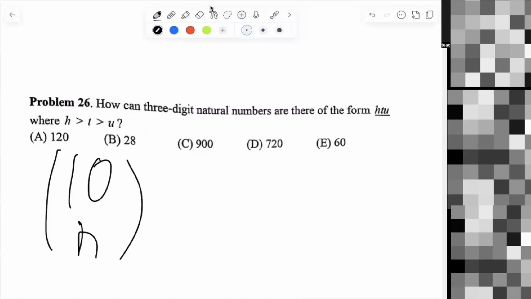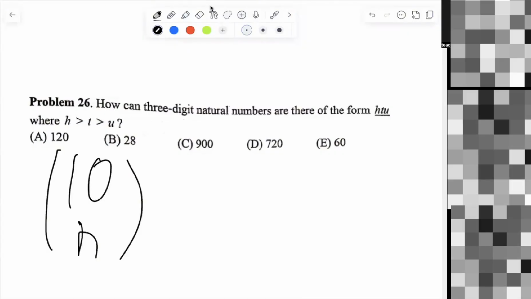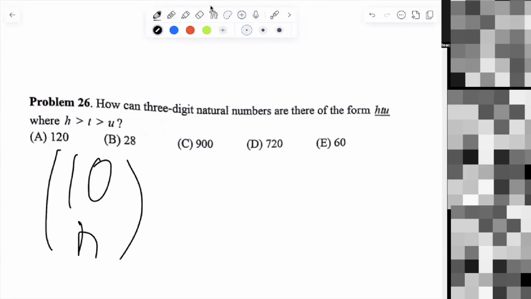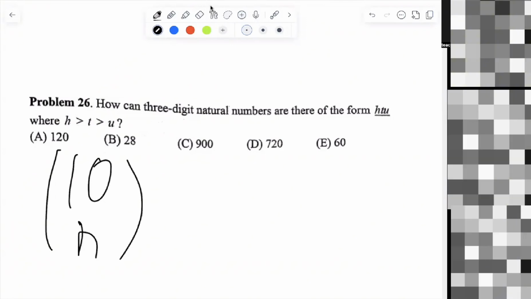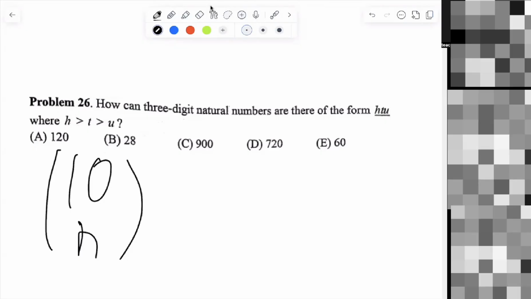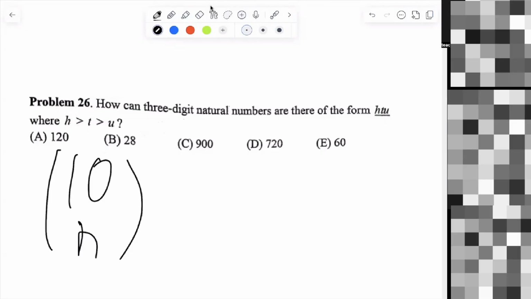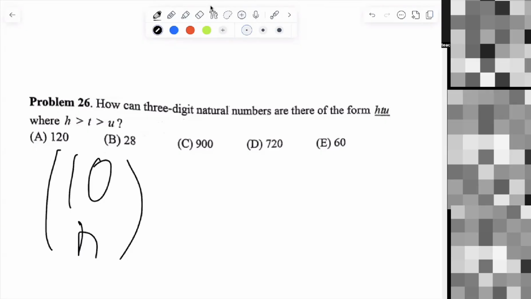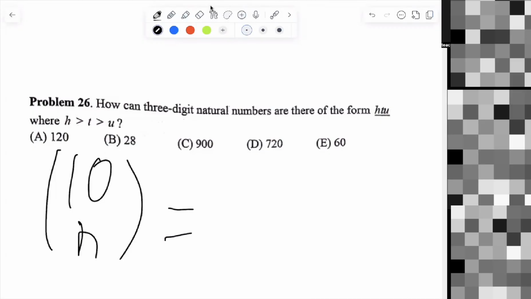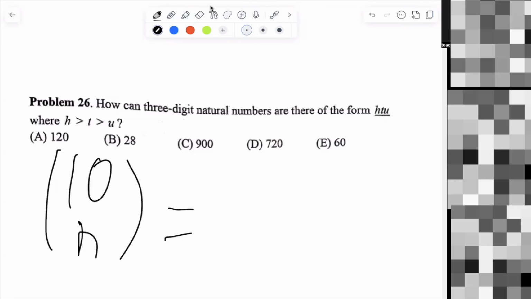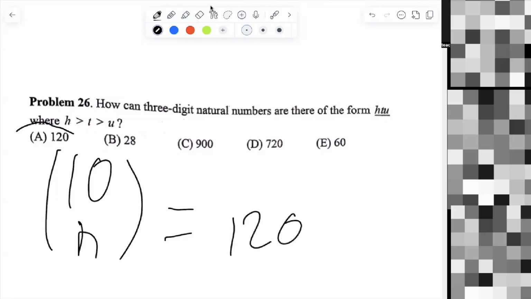Or in general, 10 choose n for n from 1 to 10, where n is the number of digits, because 0 cannot happen. In this case, we just plug it in. We have n equals 3. Well, 10 choose 3 is just 120. So the answer is A.